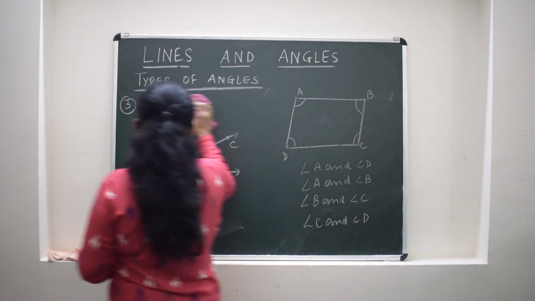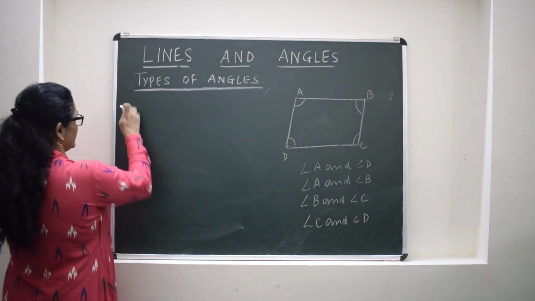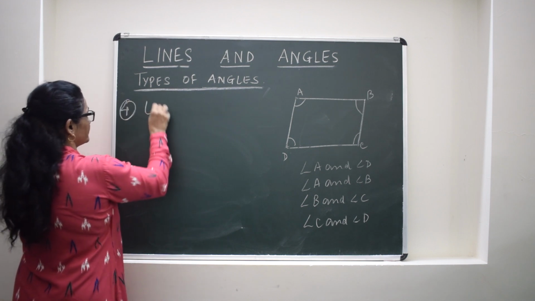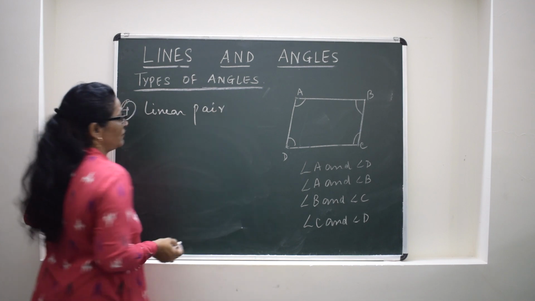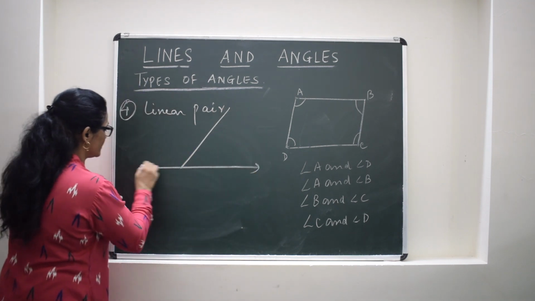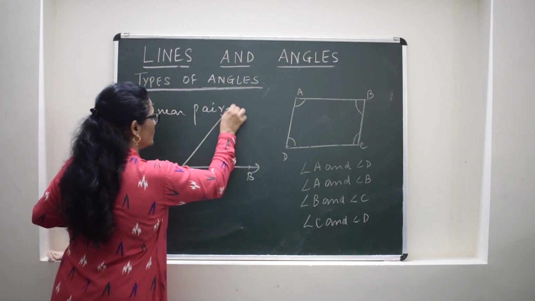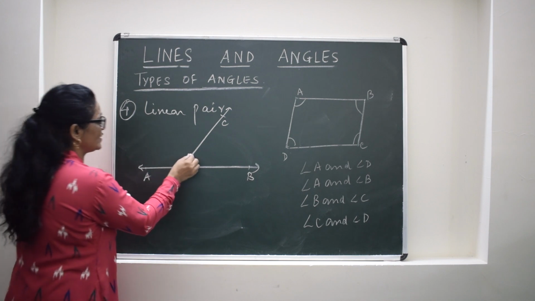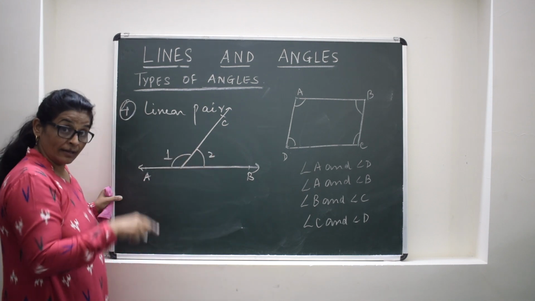So the next type is linear pair of angles. Means those adjacent angles like this whose sum is equal to 180 degrees. So if we say angle 1 and angle 2, they are adjacent.